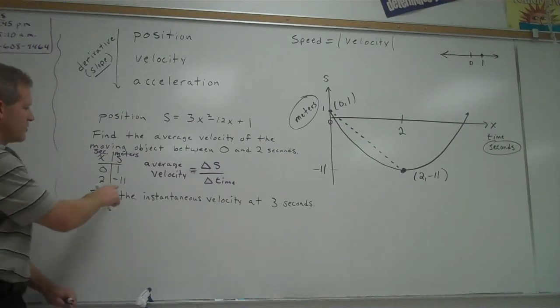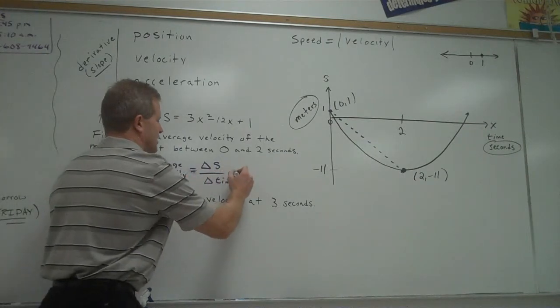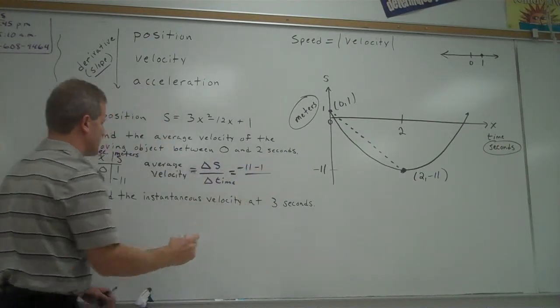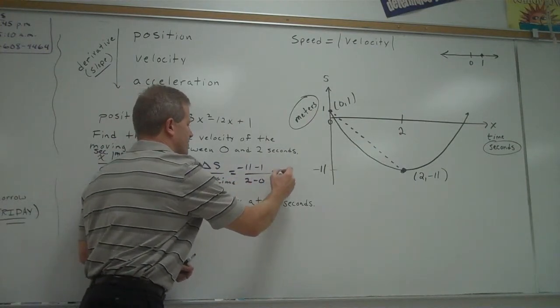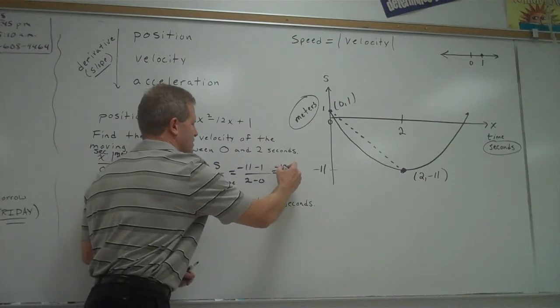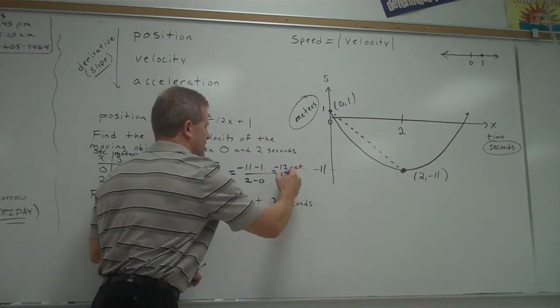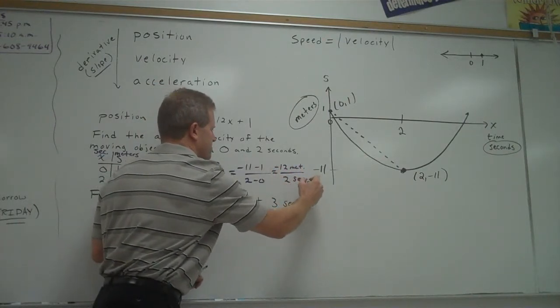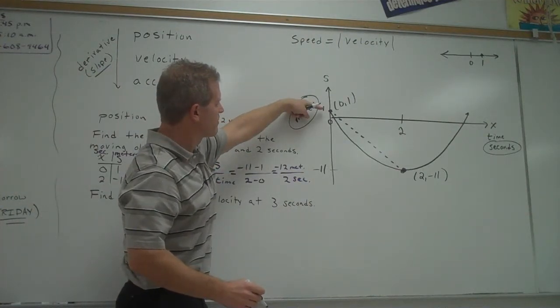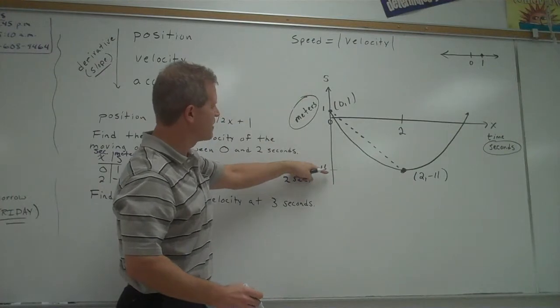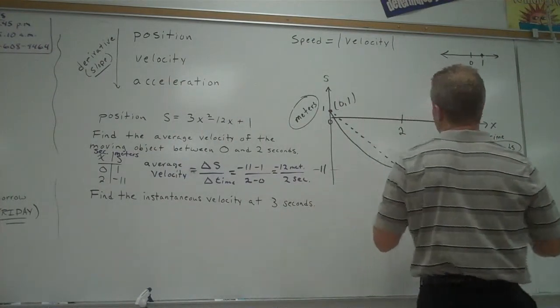So if I do negative 11 minus 1 on the top, and I do 2 minus 0 on the bottom, I get negative 12 meters in 2 seconds. In other words, this particle dropped, on the graph, it dropped 12 meters in 2 seconds.